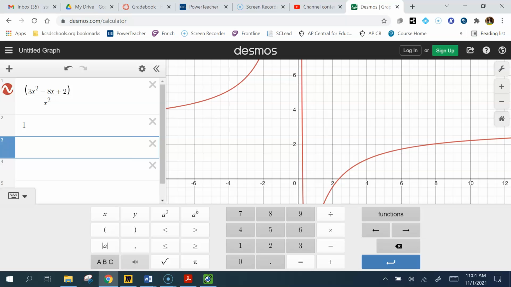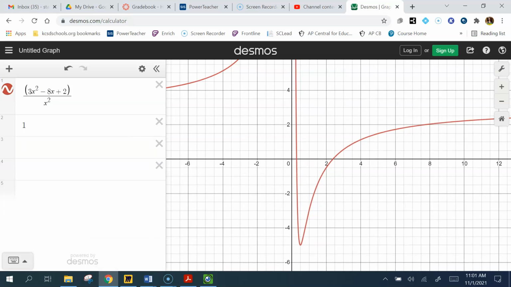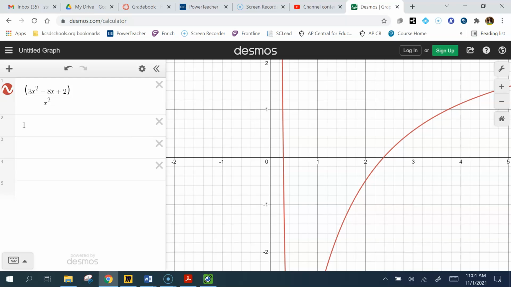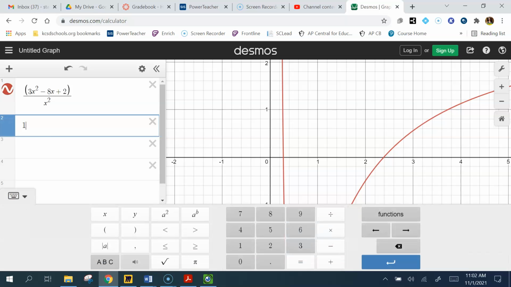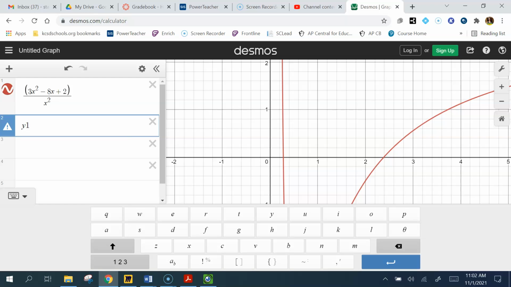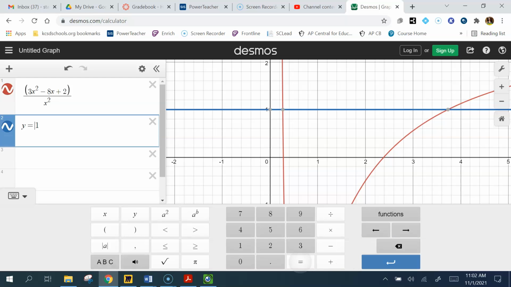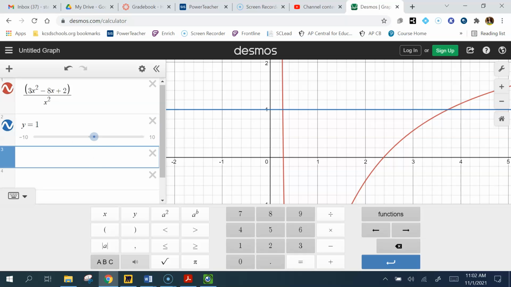Well, I did too, but where's my line? I don't know why it won't do. There it is. Y equals is not implied, Brett.